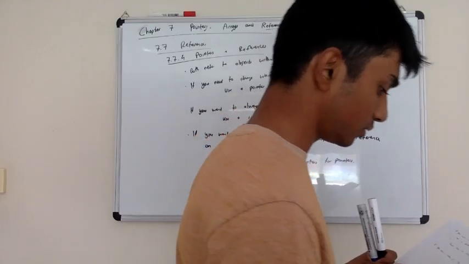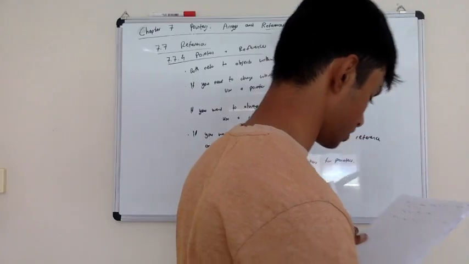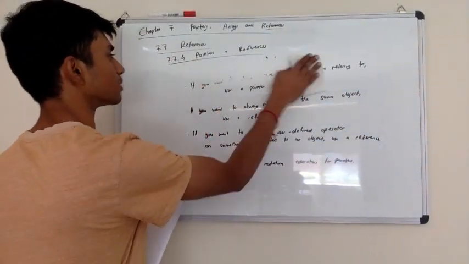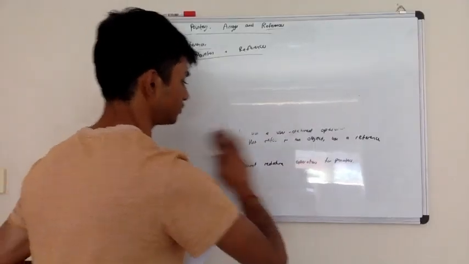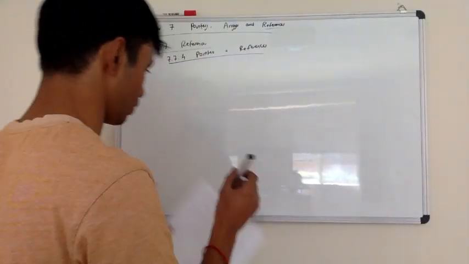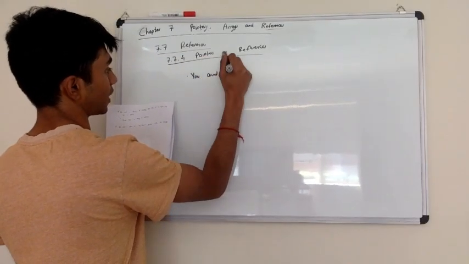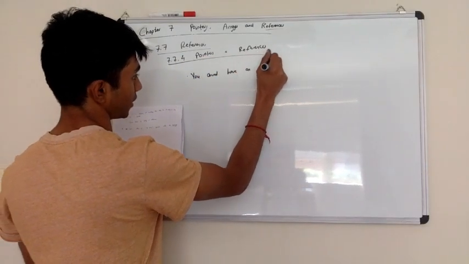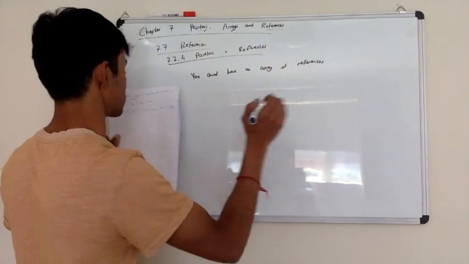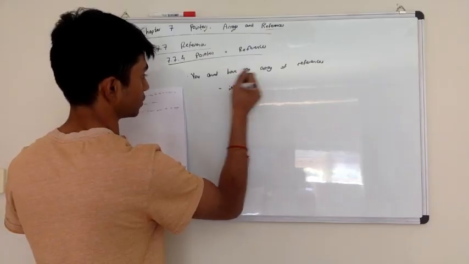If you want a collection of something that refers to an object, use a pointer. I think I forgot to mention this: you cannot have an array of references. I might have to check why, I don't remember the reason.